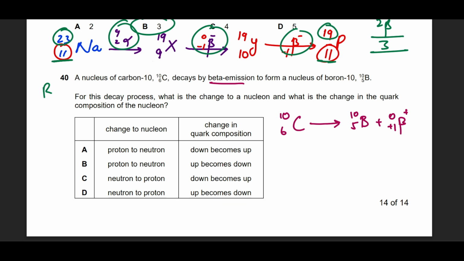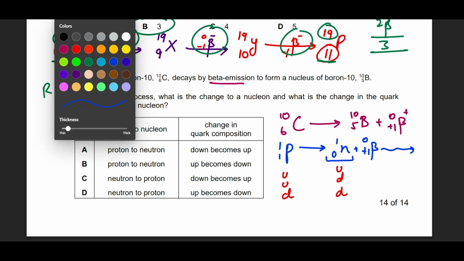What is the mechanism? A proton inside the nucleus of carbon decays to become a neutron and releases a positron, which is 0, plus 1. The neutron stays inside the nucleus and the positron is emitted out of the nucleus. In terms of quark composition, we understand that a proton is up, up, down, and a neutron is up, down, down.